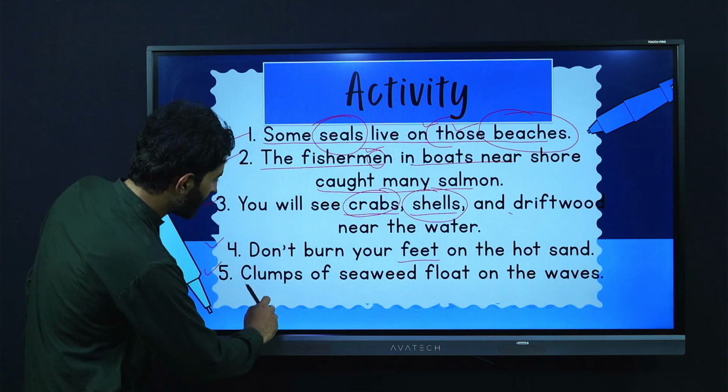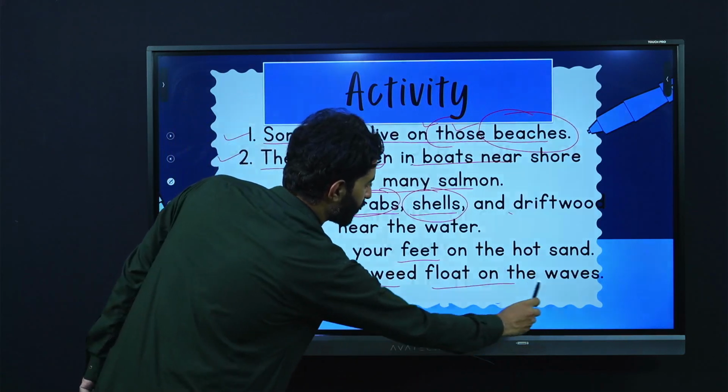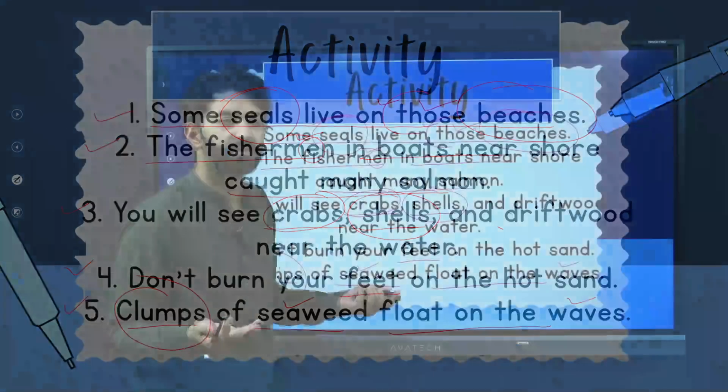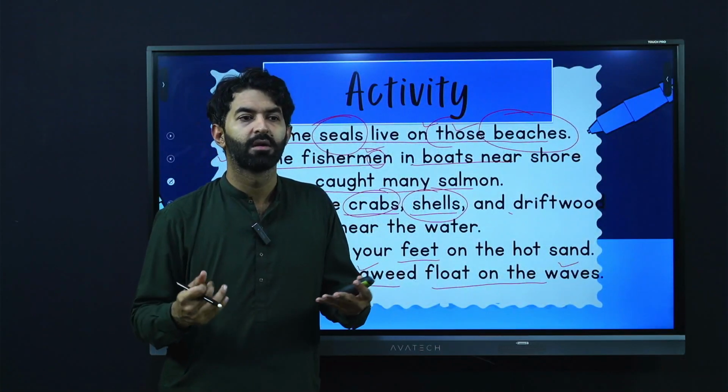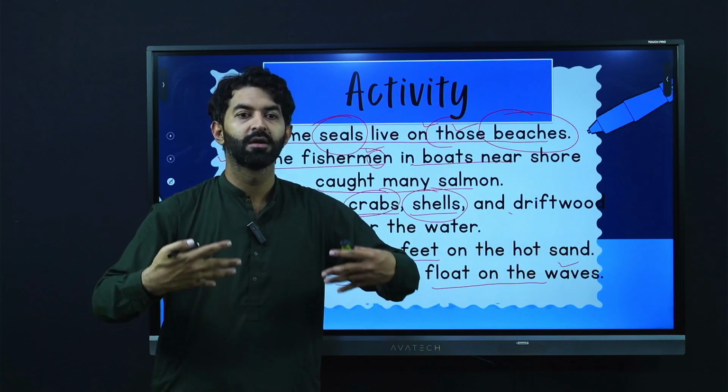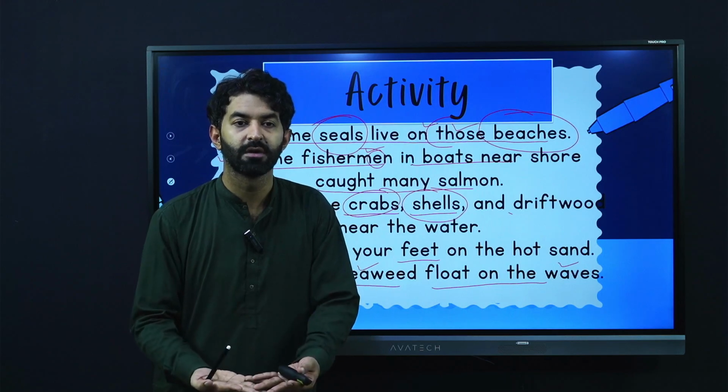Okay. Clumps of seaweed float on the waves. Clumps is a plural noun. Waves is a plural noun. Seaweed is singular. It can be a seaweed or so much of seaweed, we call it with one word, seaweed.